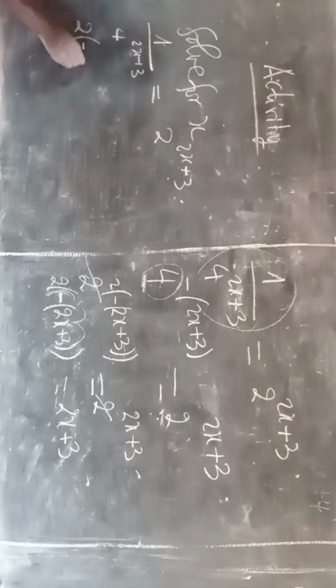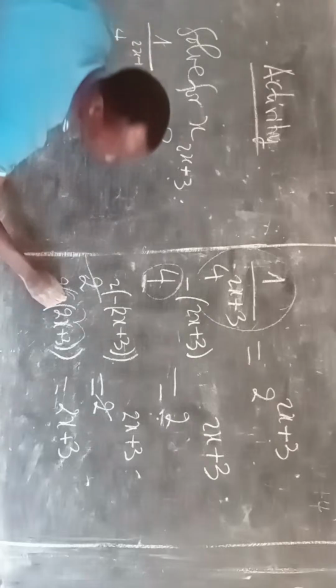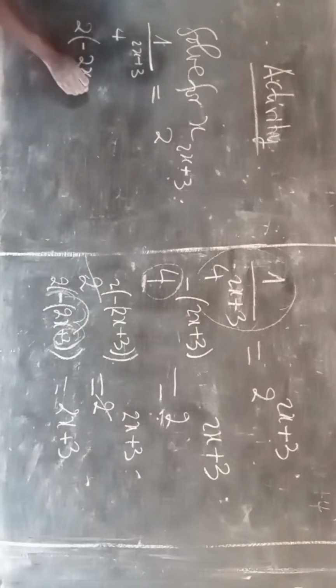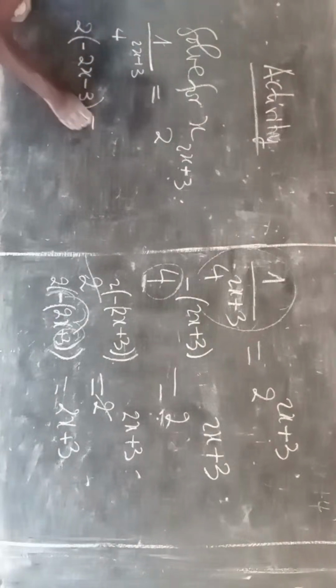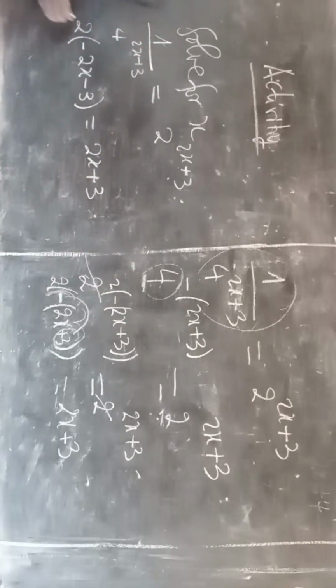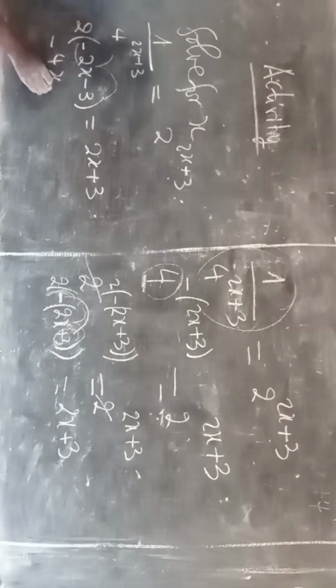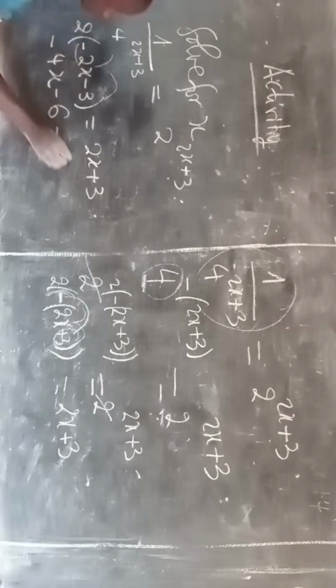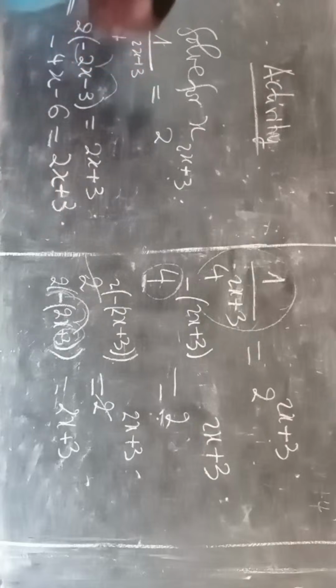We remain with minus 2x, also times this minus 3, is equal to 2x plus 3. Now we are going to multiply these two by removing this bracket. It is 2 times minus 2x will be equal to minus 4x. Yes, 2 times minus 3 will be equal to minus 6, which is equal to 2x plus 3.